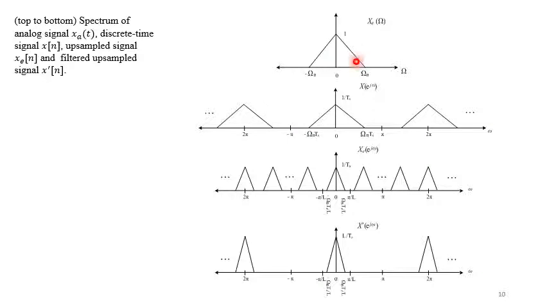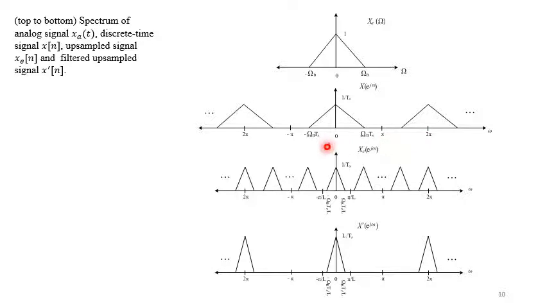So again, we have the spectrum of the analog signal that has a maximum frequency of omega b. Once we take its samples and convert continuous time frequency into discrete time frequency, instead of replicas around omega s, we now have replicas around 2 pi.